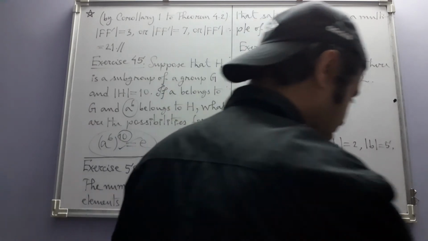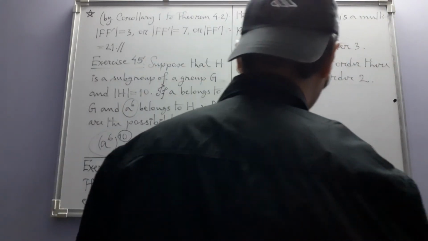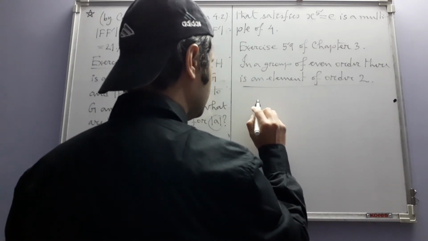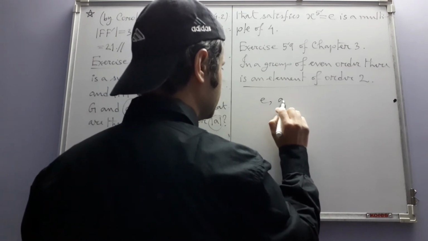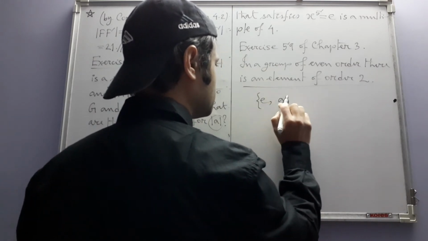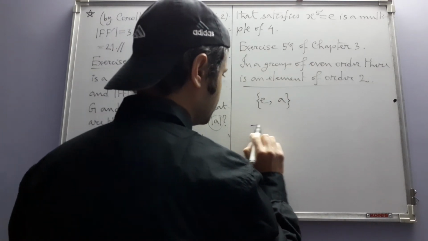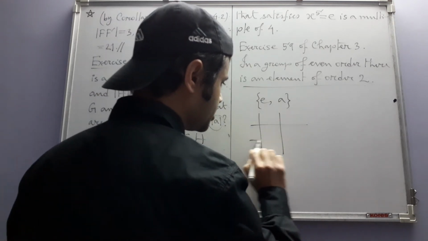Suppose you have, okay, let me just first clean this part. Say you have this set, okay, and say you have this composition table.